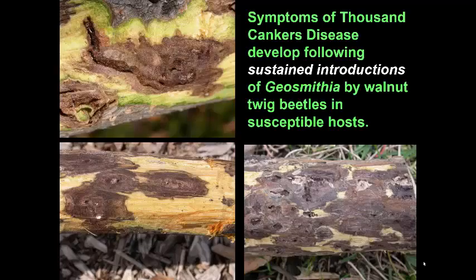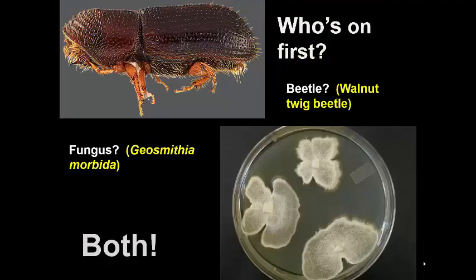Anyway, getting back to this thousand cankers disease situation, it's a unique situation in that the disease condition involves sustained introductions of the fungus by the beetle. And it is a disease that is hard to describe because there is no one single actor that makes thousand cankers disease.